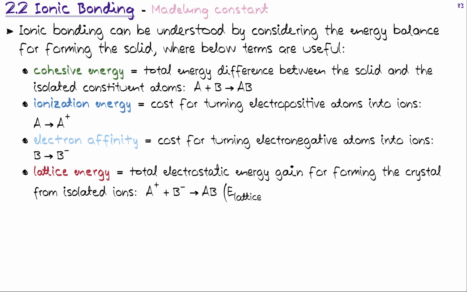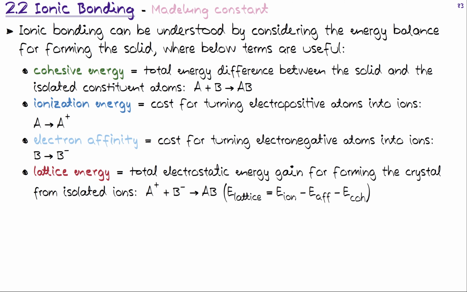In terms of the terms we have defined here, the lattice energy E lattice equals the E Madelung, minus the ionization energy, minus the electron affinity, minus the cohesive energy. That's the way to calculate the lattice energy.